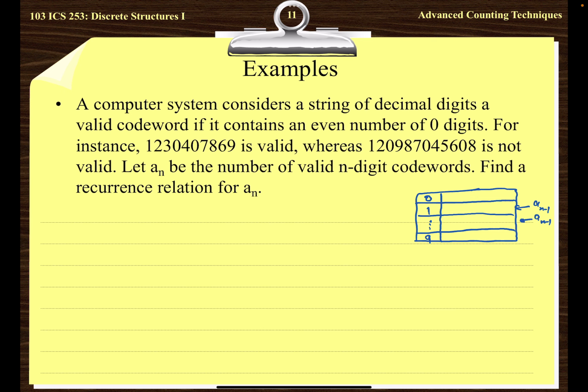All of them from 1 to 9 are A(n-1). What about the top one, starting with 0? If you add one more zero, you will have A(n-2), right?